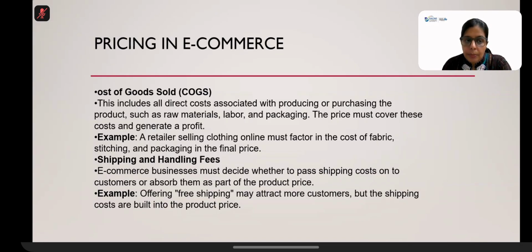It can be the purchase of the product, or if you are a manufacturer, then the raw material cost, labor, and packaging. The price must cover these and generate a profit. So once you are clear about all your costs, add your profit margin to it, and accordingly set the price of your product. A retailer selling clothing online must factor in the cost of fabric, stitching, and packing, and then decide the final price of the product.